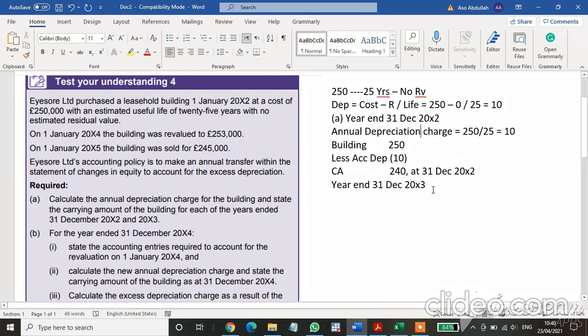So for 2003, the annual depreciation we already know is 10,000. That's what we calculated from here.